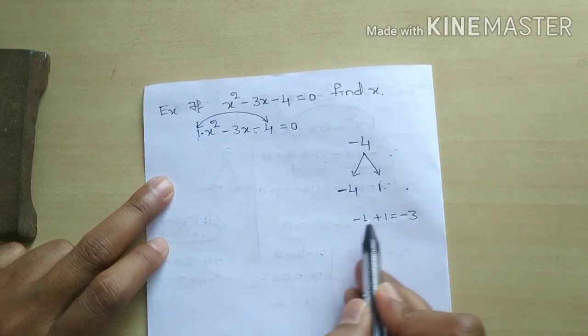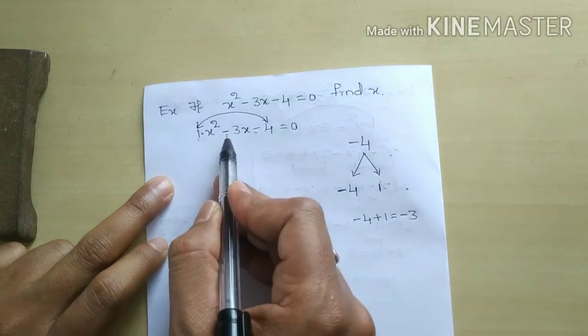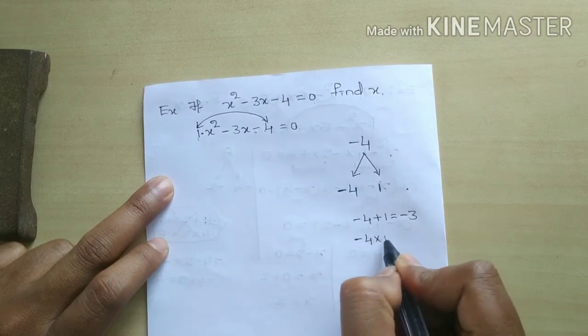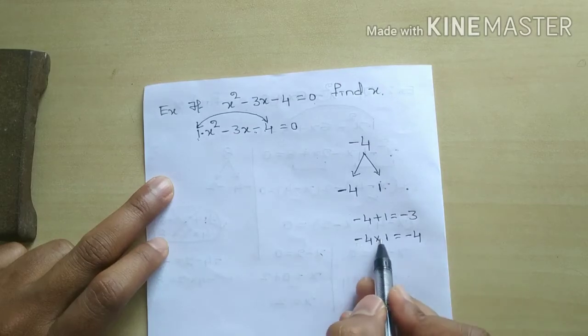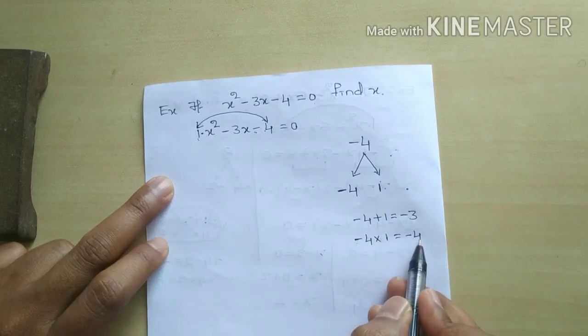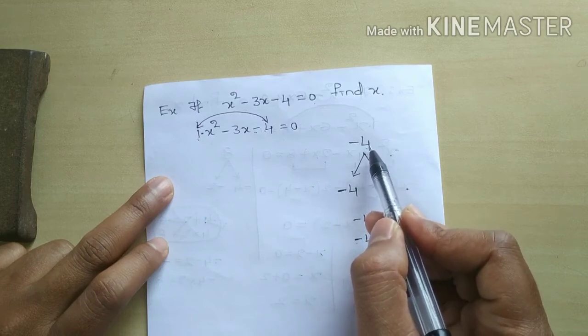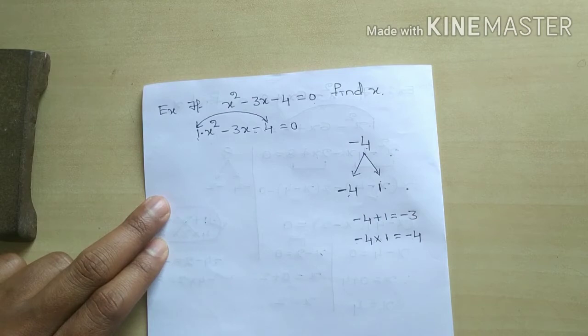Subtract these two, the greater number's sign is minus. Therefore minus 3, you are getting that middle number. If you multiply, minus 4 into 1 is minus 4. Minus into plus is minus, 4 into 1 is 4. You are getting that number, that is minus 4. Therefore the numbers are minus 4 and plus 1.